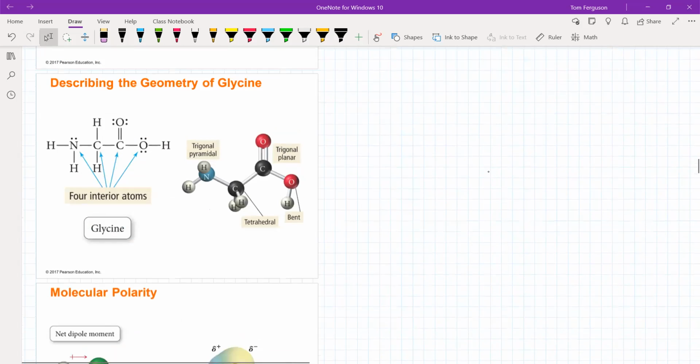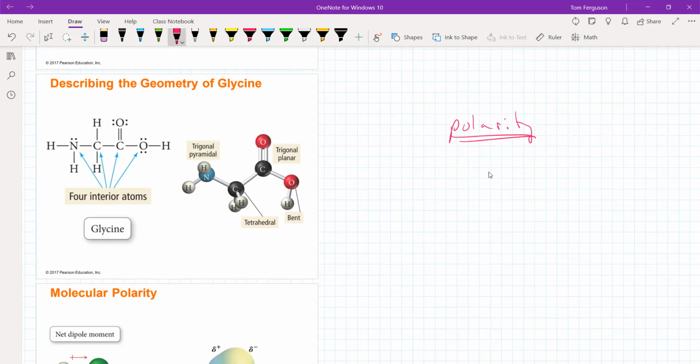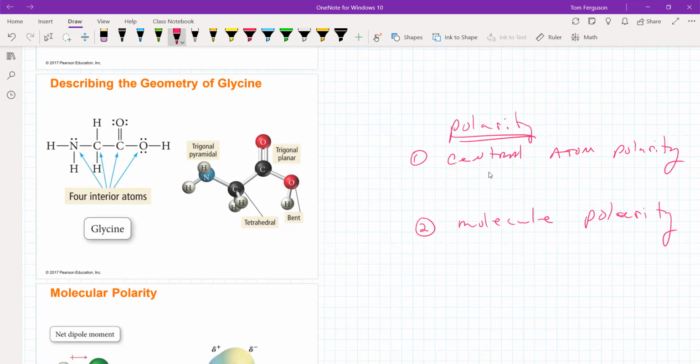Now, when we look at polarity, there's central atom polarity, and then there's molecular polarity.